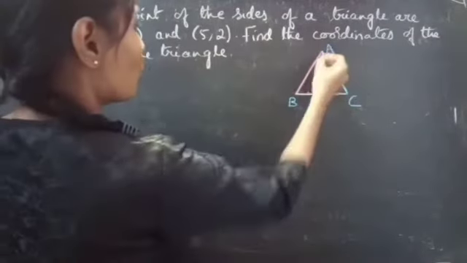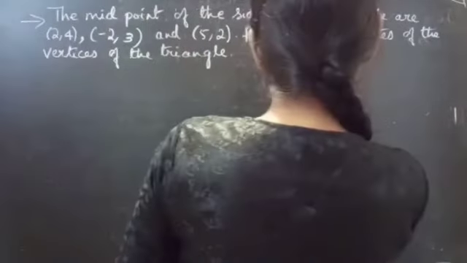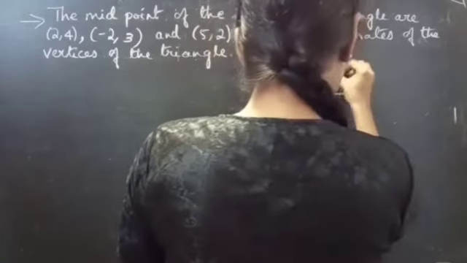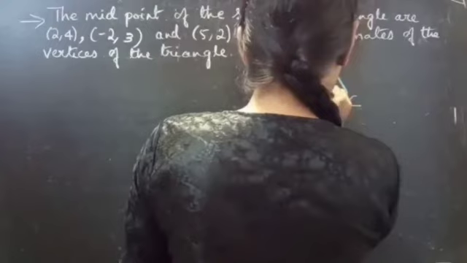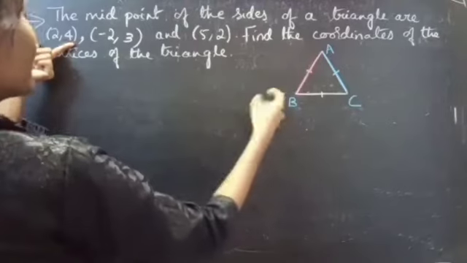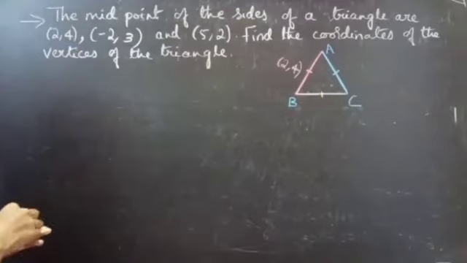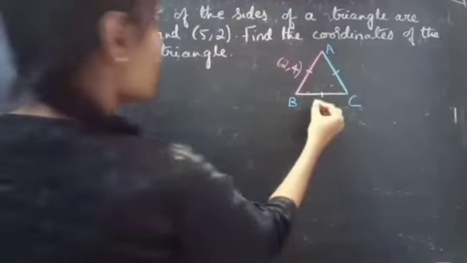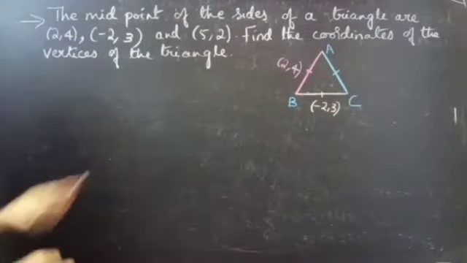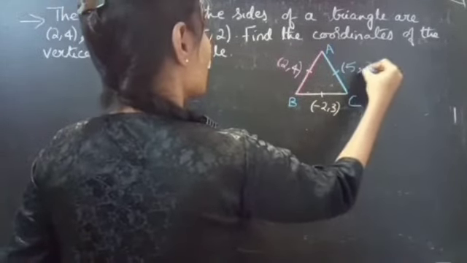The midpoint of side AB is (2, 4), the midpoint of side BC is (-2, 3) and the midpoint of side AC is (5, 2).